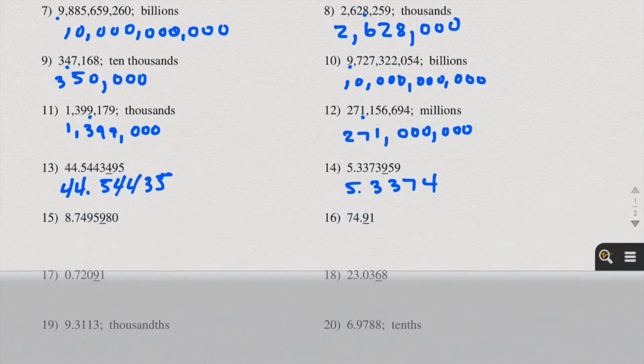Number 15. The 9 is the one we're interested in, so we look to the right. It's an 8. Because it's greater than 5, we round the 9 up. So this becomes 8.7496. Number 16. 74.9.